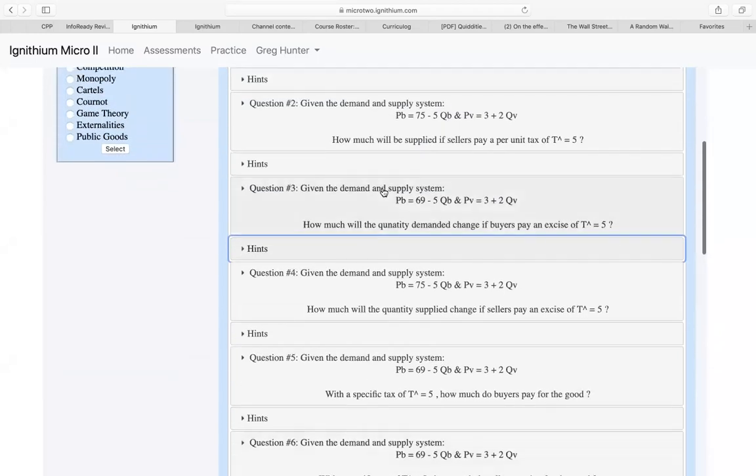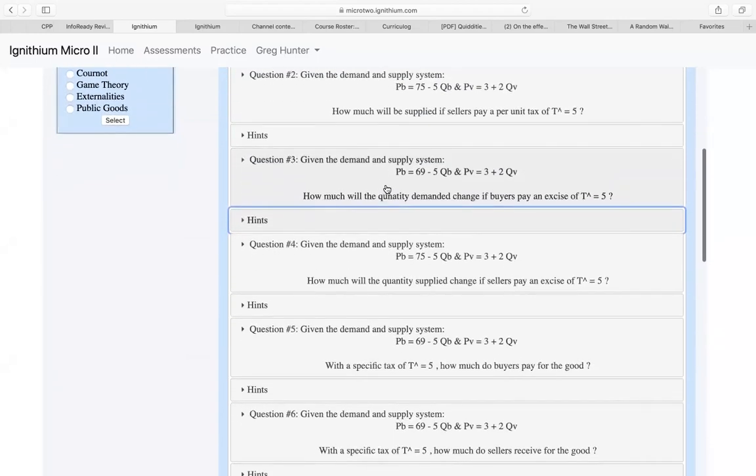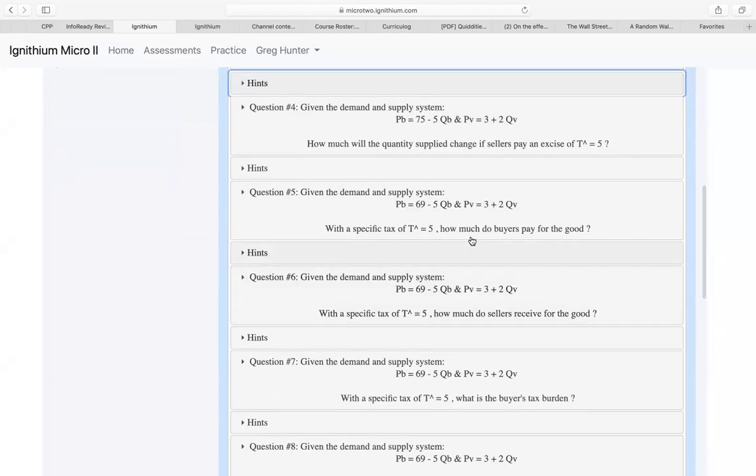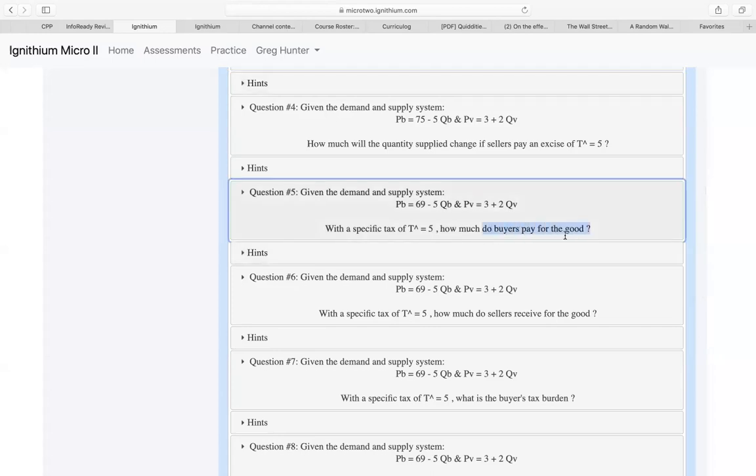The reason I decided to work on 3 is because I could see that they were all related, right? So specific tax is another name for an excise tax. It's another name for a quantity tax. So how much do buyers pay for the good? Well, you already have that, and what was the answer, Andrew? Do you remember? For 3, it was negative 0.71. Well, no, how much do buyers pay for the good?